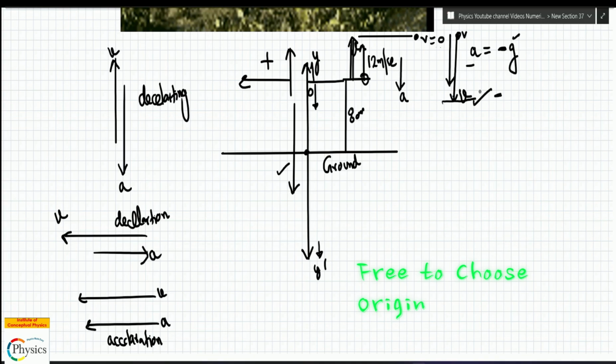Anything above this is positive, right? The only difference is if you select this as the origin, anything above this is positive. But if this becomes your origin, this line becomes the point of reference for positive and negative. So the choice is yours. I generally tend to select either of the two, and I get the same answer when it comes to time or velocity.